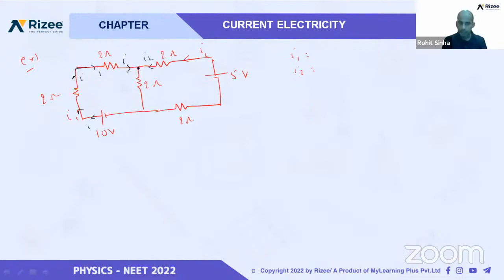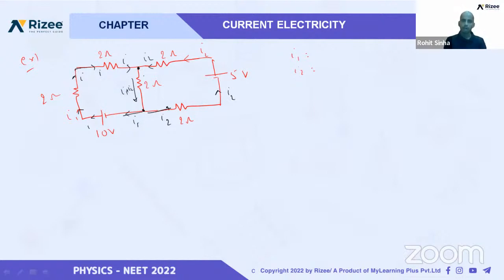They will add up here. How? By KCL. By Kirchhoff's current law, at a junction, incoming current is equal to outgoing current, and the outgoing current is I1 plus I2. At this point, I1 plus I2 comes, and the corresponding current will go to the corresponding source. I1 will go this side and I2 will go to this point, and they will terminate at the negative or low potential of their source.